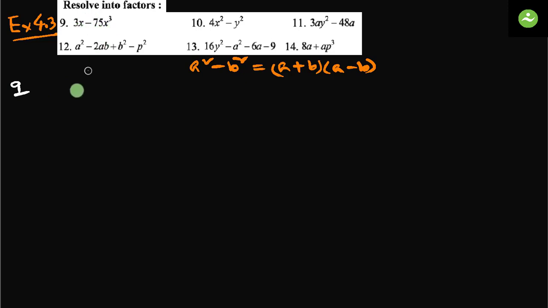3x minus 75x cubed. Now, if we take 3x common, then what remains? 3x into 1 is 3x, minus 25x squared, since 3 into 25 means 75, and x into x squared means x cubed.